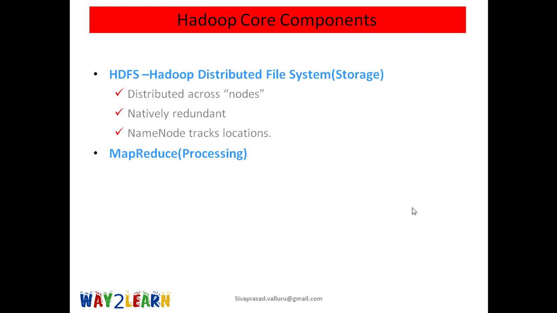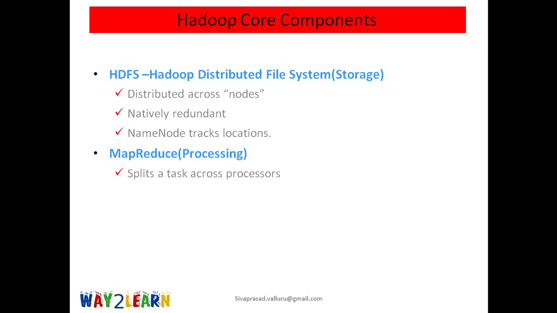The next core component of Hadoop is MapReduce, which is actually the programming. Whenever you are using MapReduce along with HDFS, your MapReduce program splits a task across processors. The same MapReduce job is sent to the data nodes, the nodes on which the data is residing. Once you submit a MapReduce job to the Hadoop cluster, the job is given to the task tracker, and the task tracker will execute the tasks on the local data.